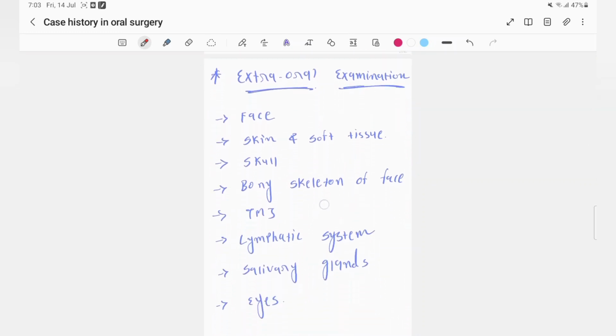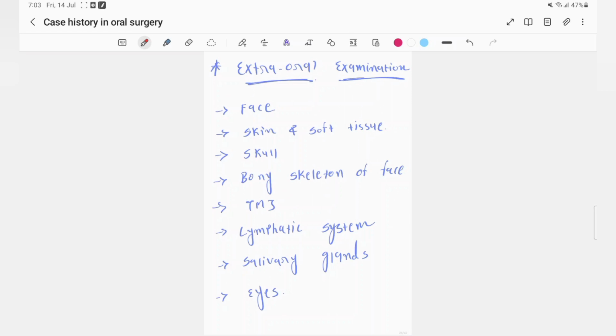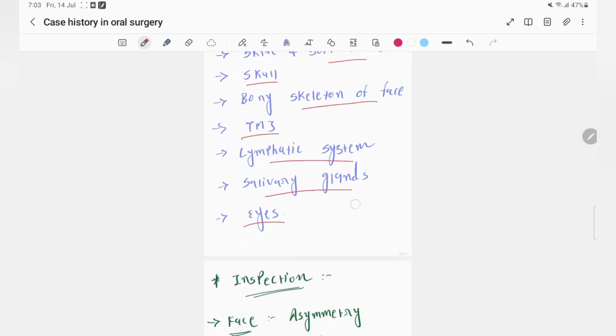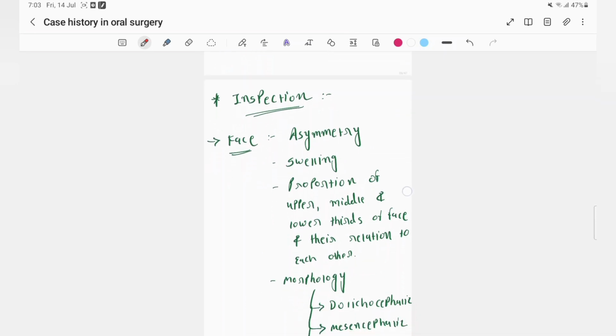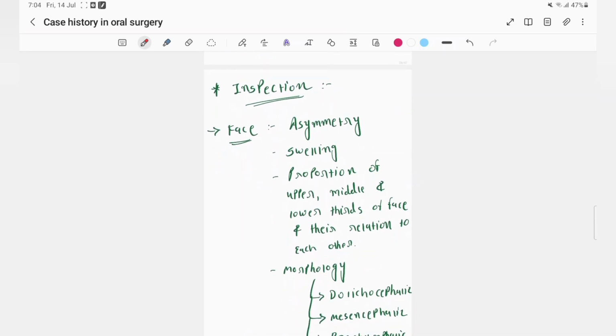In extraoral examination, we have to examine face, skin, and soft tissues, then skull, bony skeleton of face, TMJ, lymphatic system, salivary glands, and eyes. In this, you have to follow these four things. The first one is inspection. In inspection, you have to inspect whether any asymmetry is present in the face or not.